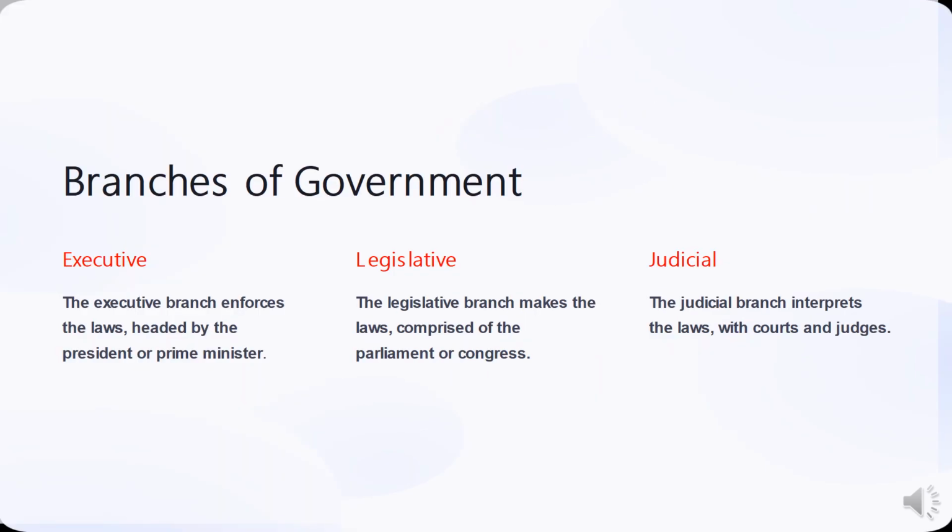Branches of government. The three branches of government are executive, legislative, and judiciary. The executive, headed by the president or prime minister, is responsible for enforcing laws.